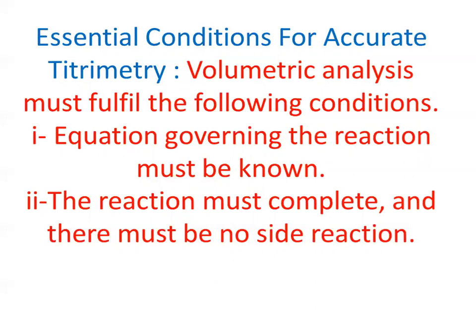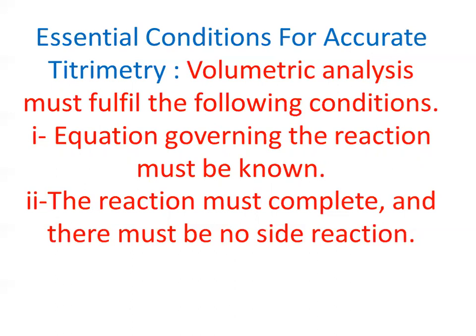Next is essential conditions for accurate titrimetry. When we do experiment, there should be accuracy. And how accurate results we get, it depends on the following conditions in volumetric analysis. Number one, equation governing the reaction must be known.